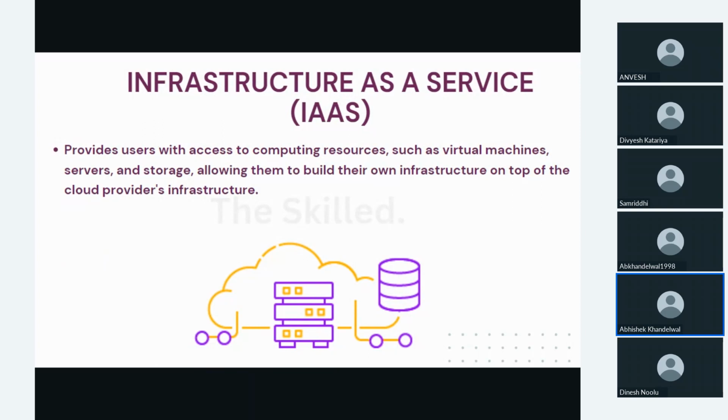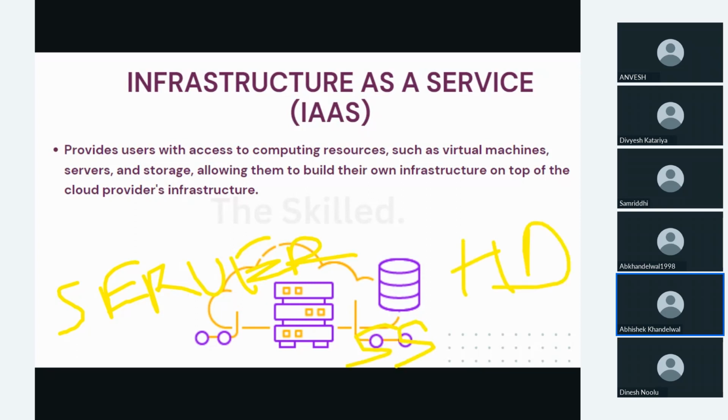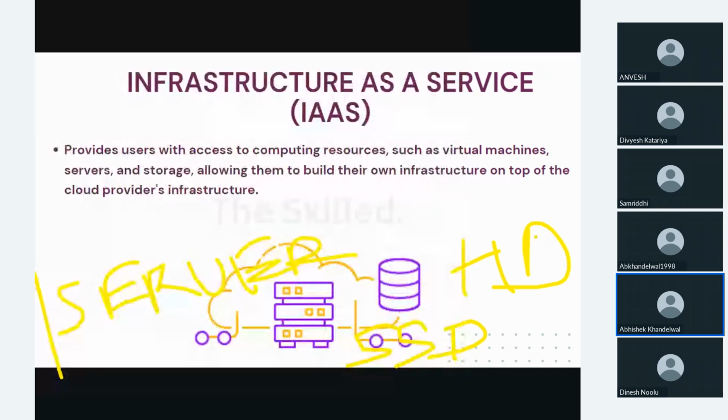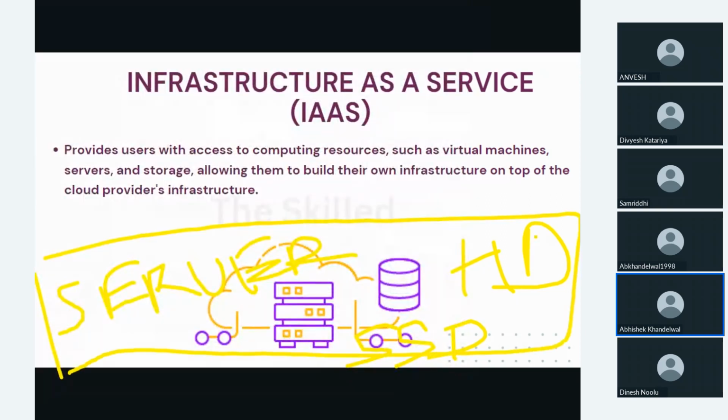When a cloud provider provides infra as a service, infra means we have a server, a hard disk, and an SSD. They provide us all these things, and we build our programs or our platform over here.